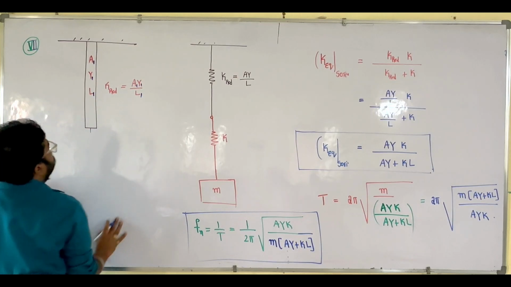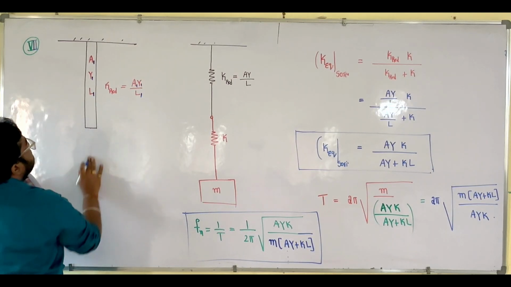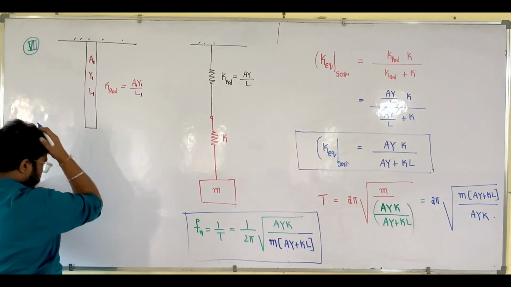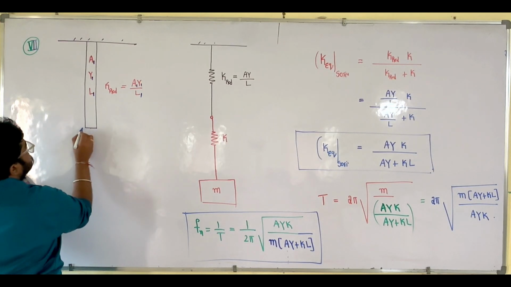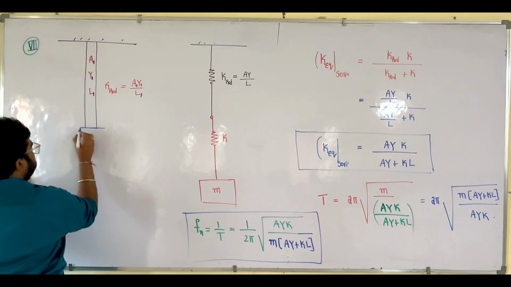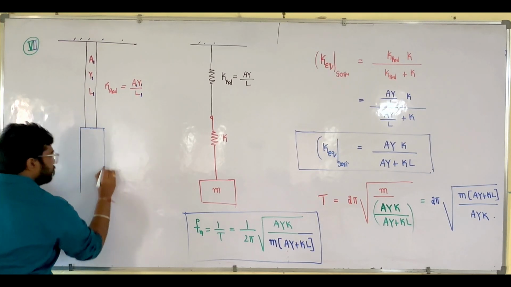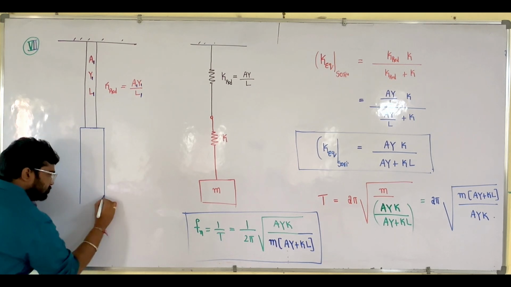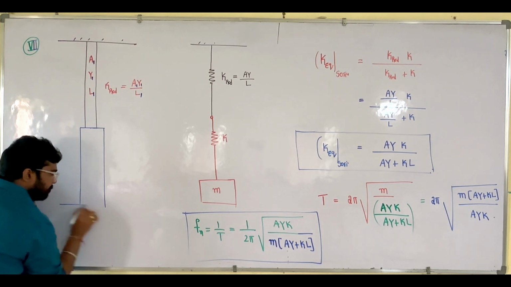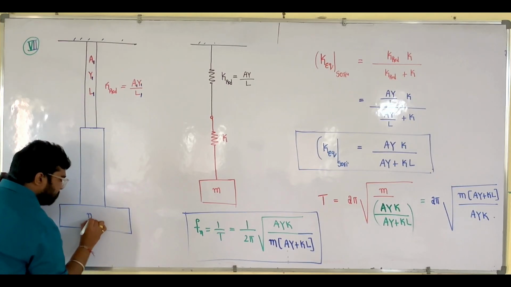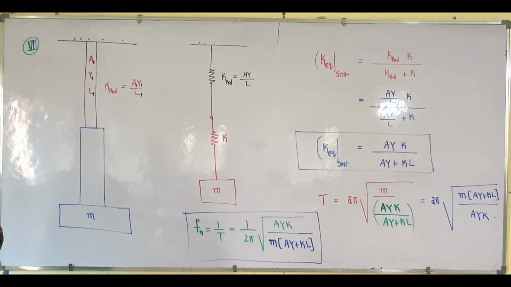Here is another rod, with A2, Y2, L2. I am connecting it to this mass M.